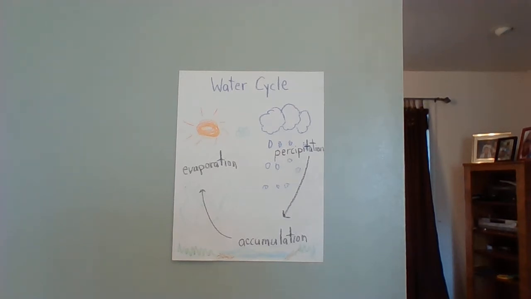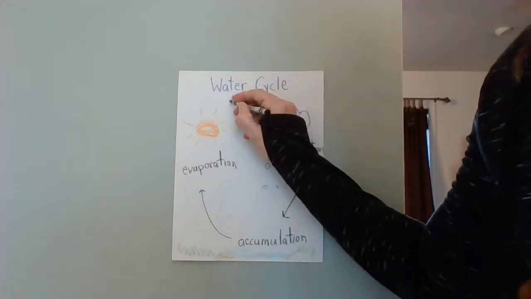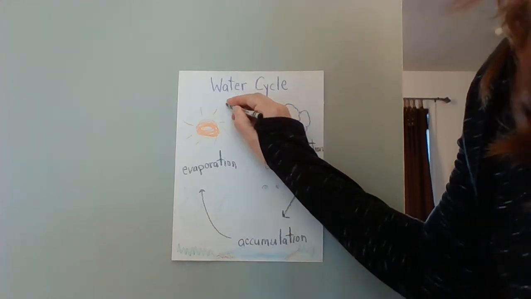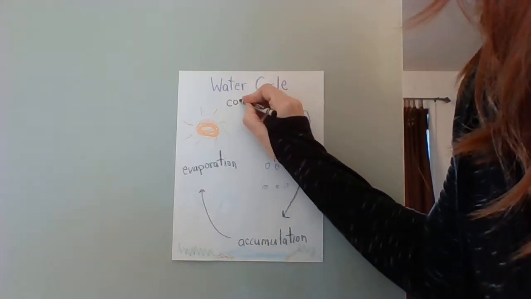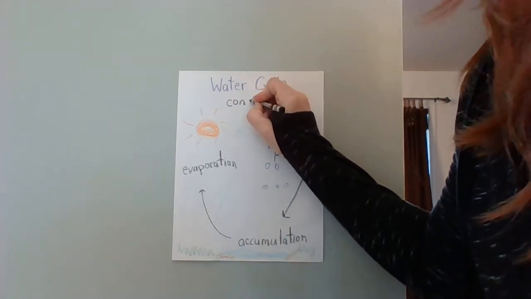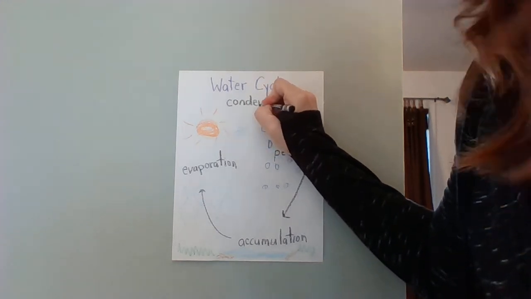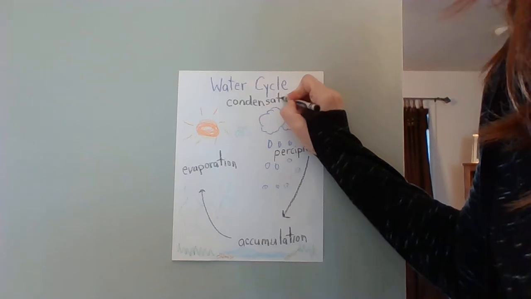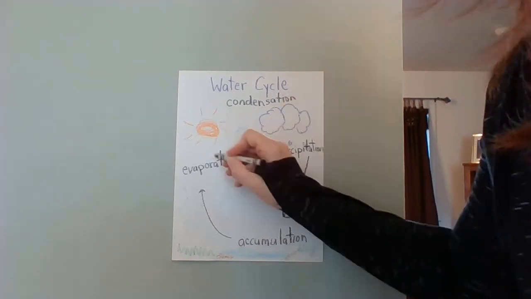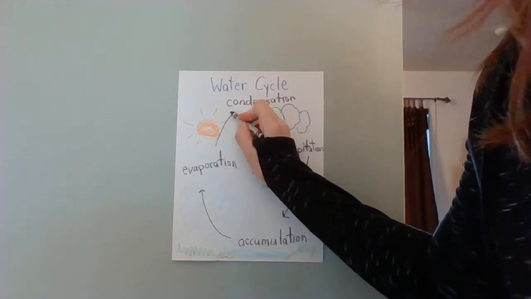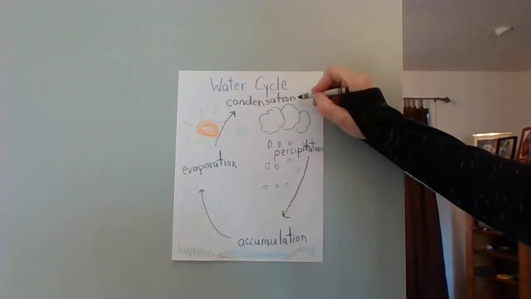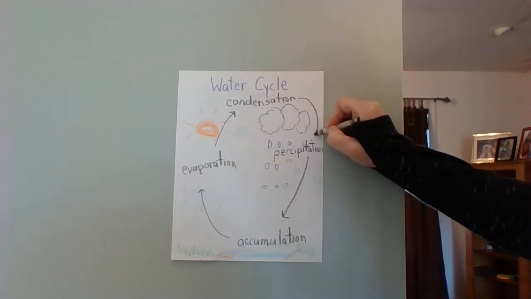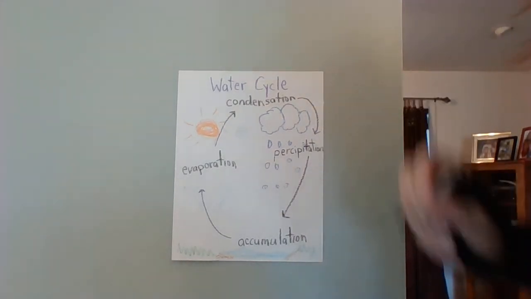After I find my black crayon, I'm going to write it up here. Condensation. So evaporation goes to condensation. And then I'm going to just have it go around here. Condensation goes to precipitation.